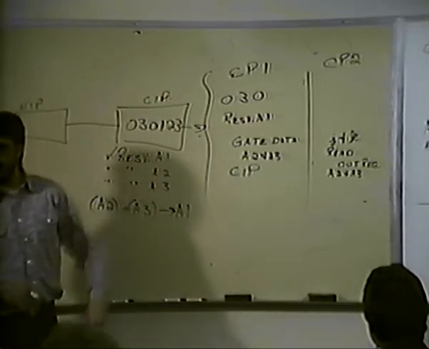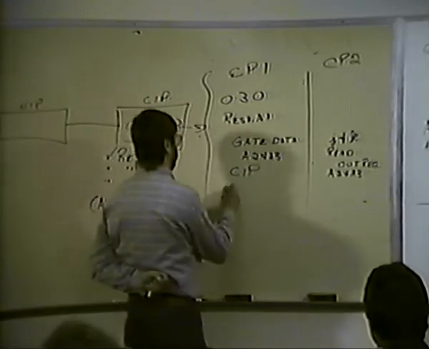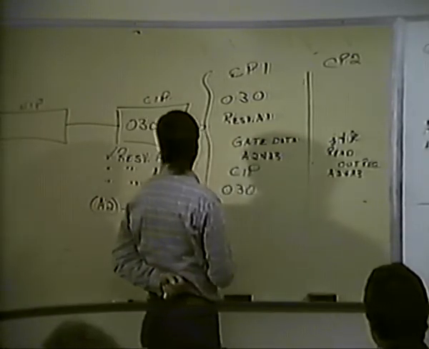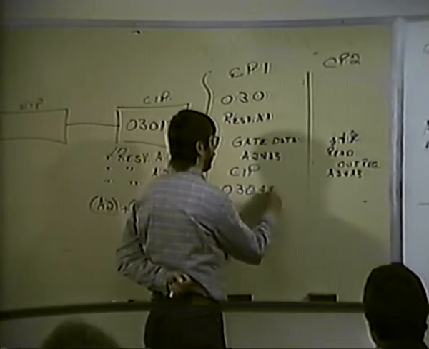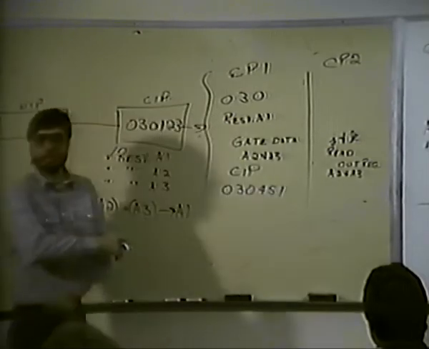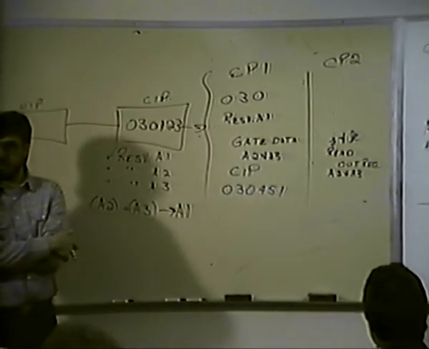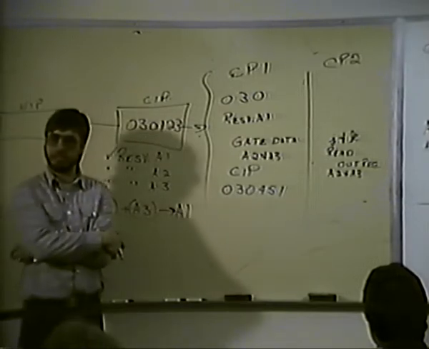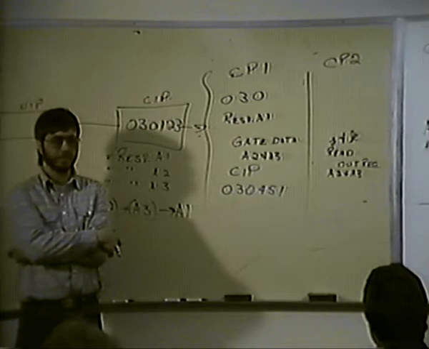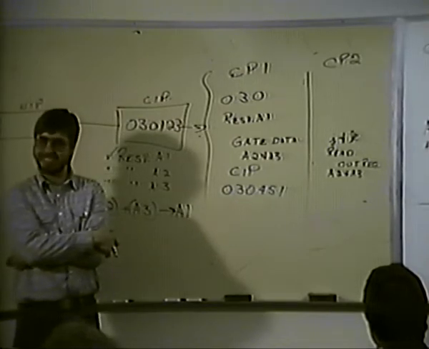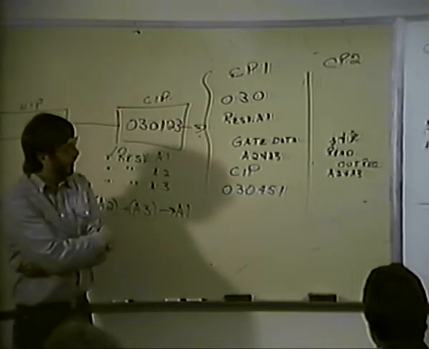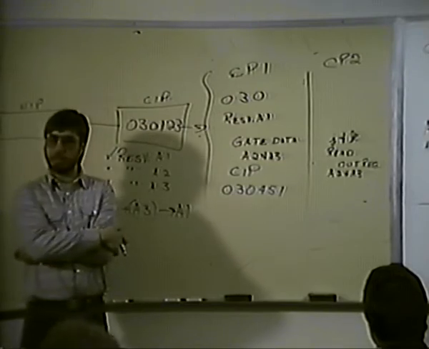Because there's something behind us here. And let's say it's another 030, only this time we want to use A1 as an operand. Now we'll see how long we need to reserve this, won't we? That's right. A1's not loaded till clock period 4.